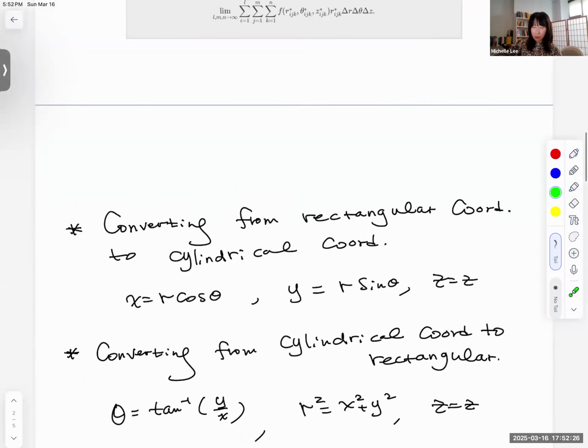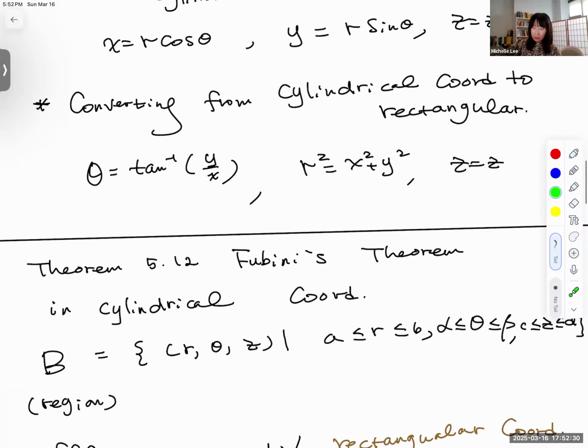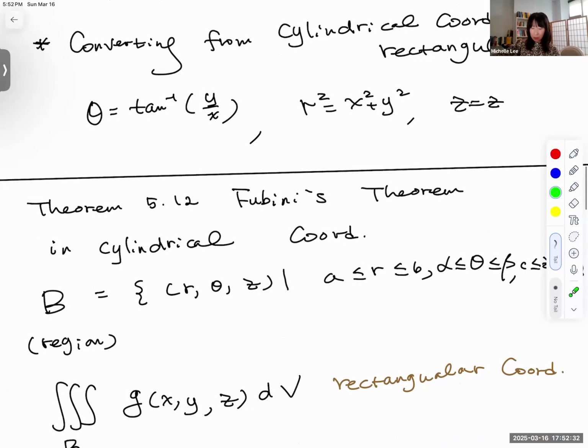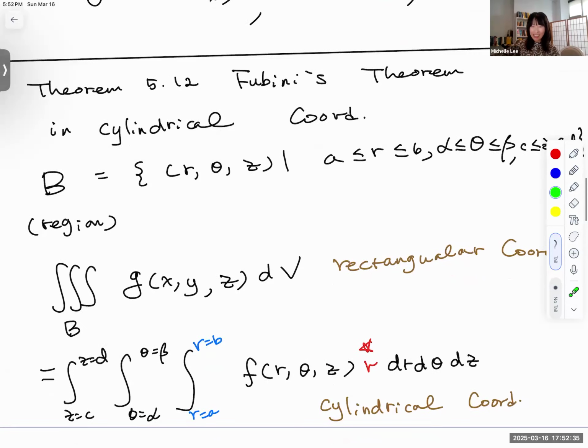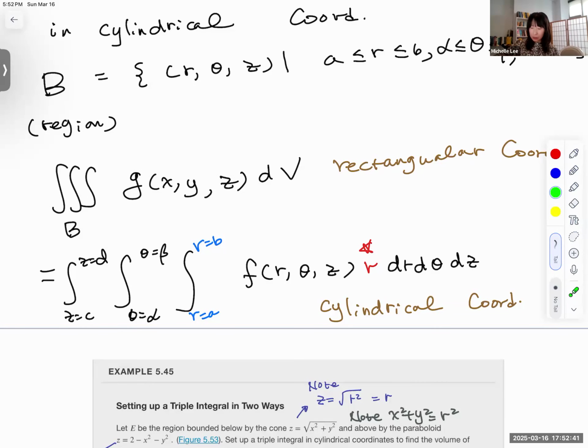This is the conversion I rewrote by hand, with Fubini's theorem. Like double integration, we have r there, and here we use r too, but then we add z. Double integration had this much, but triple integration has z.